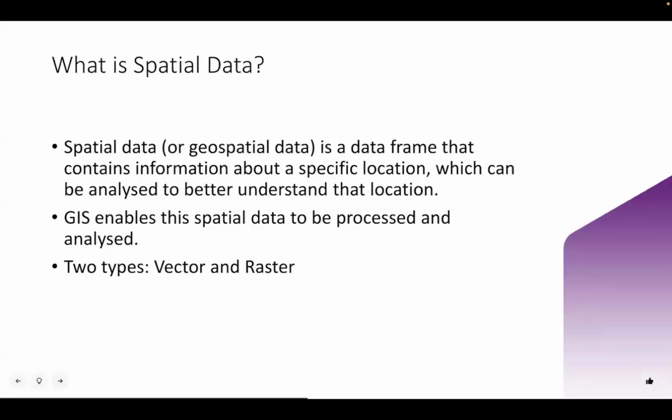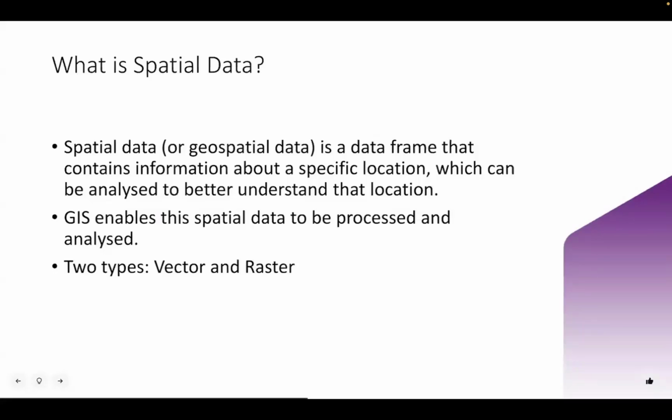It attempts to represent all the physical features of the data in an accurate way. And typically spatial data, also known as geospatial data, just in case you hear me interchanging between the two, is just a data frame that contains information about a specific location, which can then be analysed to better understand that location. And GIS enables this spatial data to be processed and analysed.